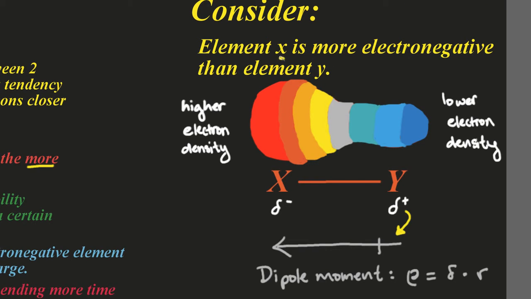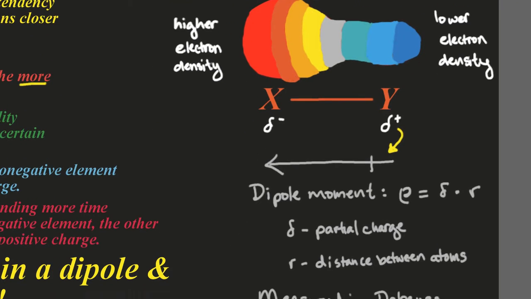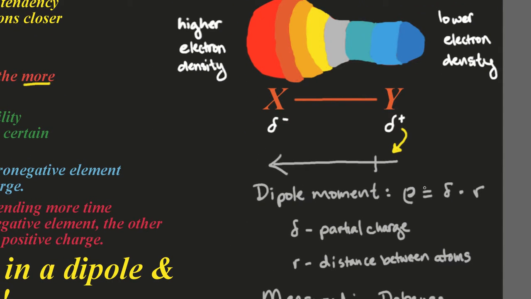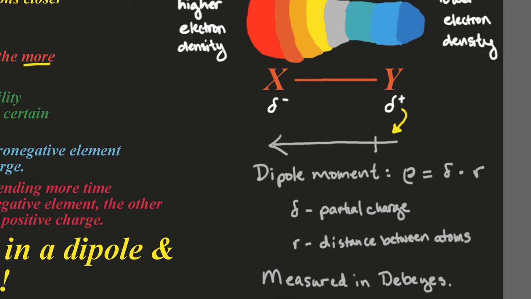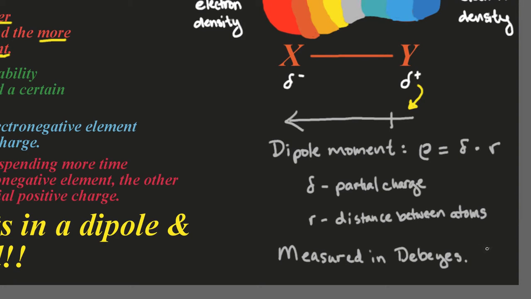Element X is more electronegative than element Y, so that's why there's a bigger probability of finding this electron or these electrons in the bond around X than on Y. And because the electron spent less time around Y, that's why it gets a partial positive charge. So then there's the dipole moment. The dipole moment can be calculated quantitatively by looking at the partial charge times the distance between the two elements, and it's measured in debye. That's the SI unit for it, debye.